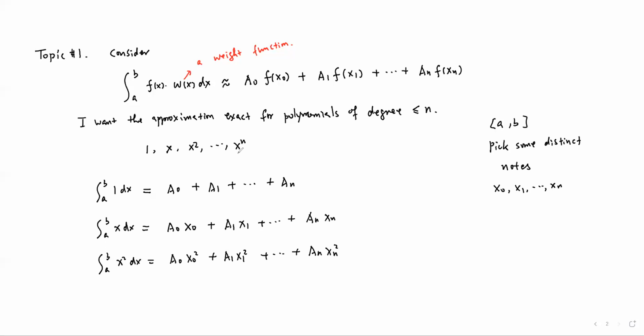Now plug in the remaining basis polynomials. Then we have a system of n plus 1 linear equations about the coefficients. Plug in x^n: A0 x0^n, A1 x1^n, and so on.